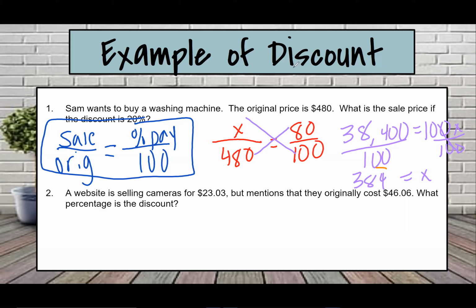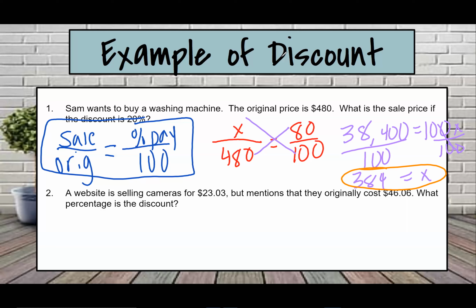So $384 is the sale price. And that makes sense. If the original price is $480 and the discount's 20%, then the sale price is going to be $384. Now, if you were to solve this and you got a number bigger than that, then you would have to go back and check your work. All right, let's look at the next question.